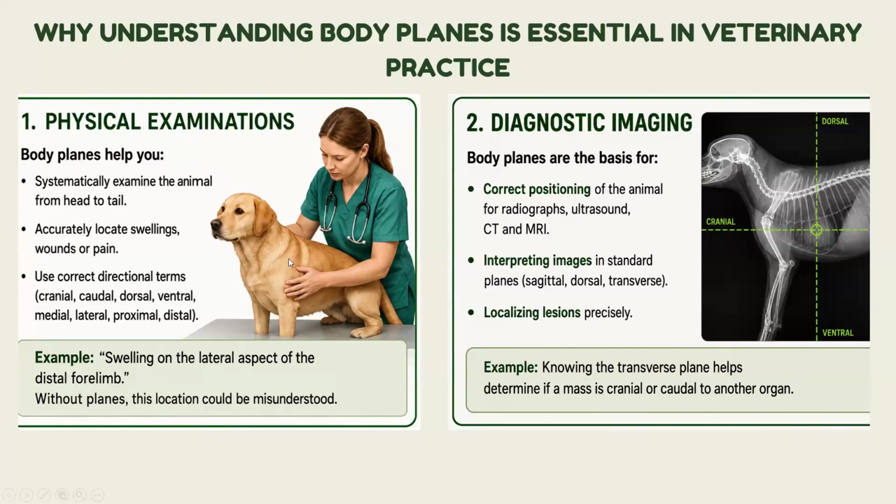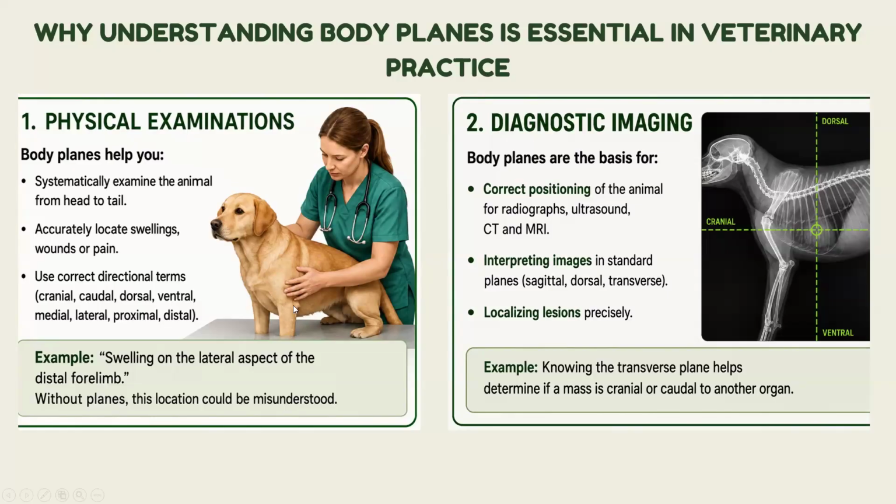So let's understand this now. Lateral aspect, away from the median plane. So that means we are looking at our forelimb. Now, it's at the lateral aspect, which is this region here.